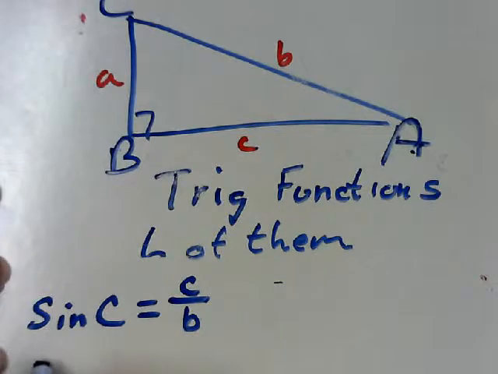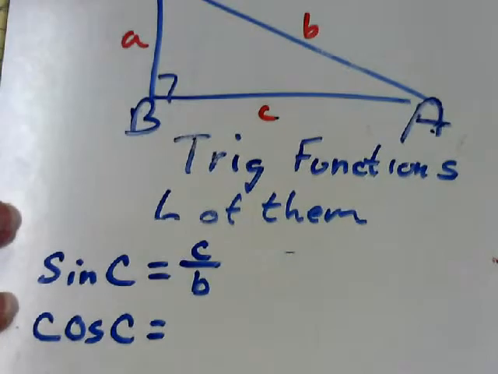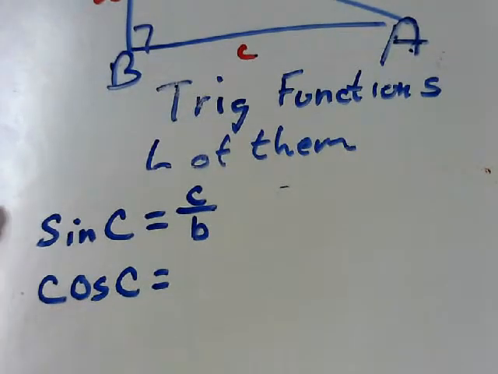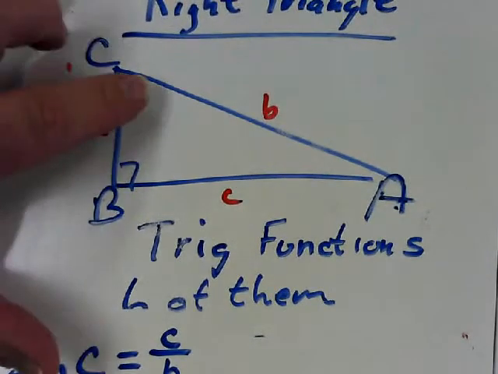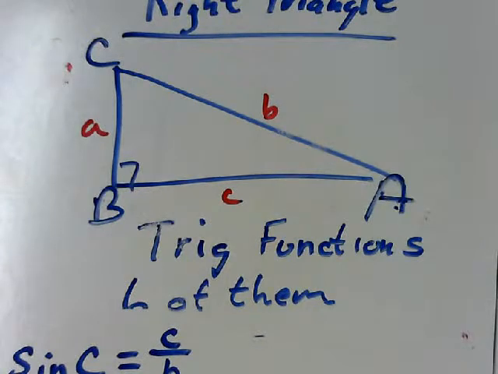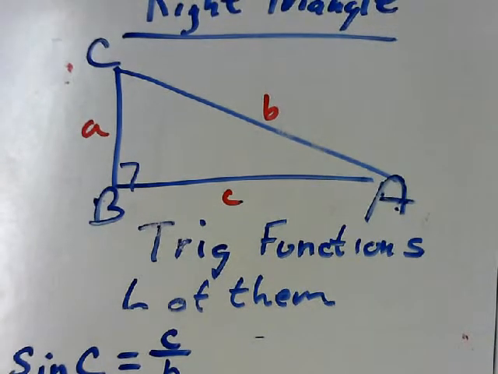Then I need to find cosine of C. Definition? Adjacent over hypotenuse. So if I go to angle C here, what's the adjacent side? What's the hypotenuse?